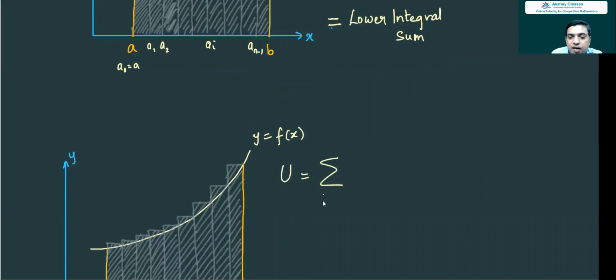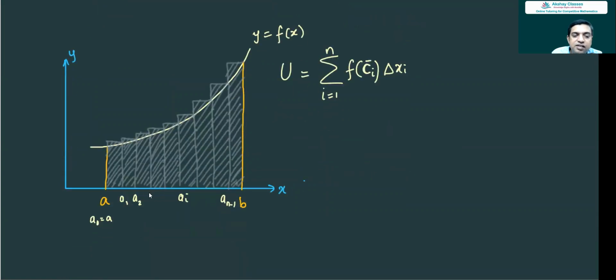This is also sigma i equal to 1 to n. Now we can write this as f of capital Ci, or maybe we can mark Ci bar, delta xi. What is delta xi? The subinterval length.